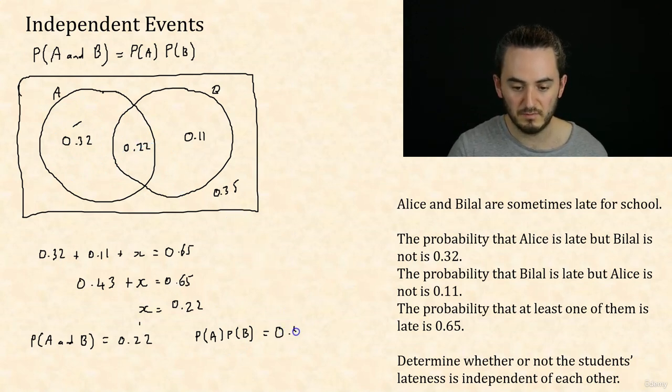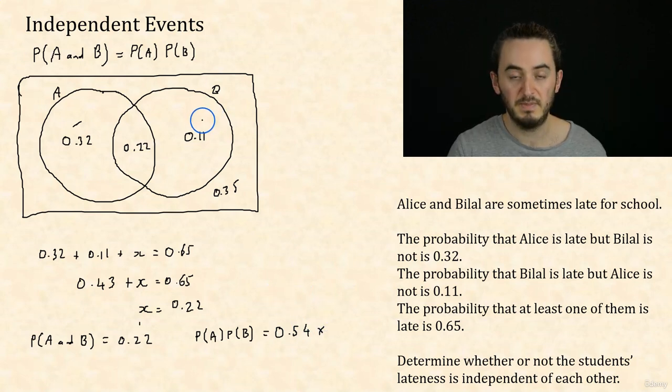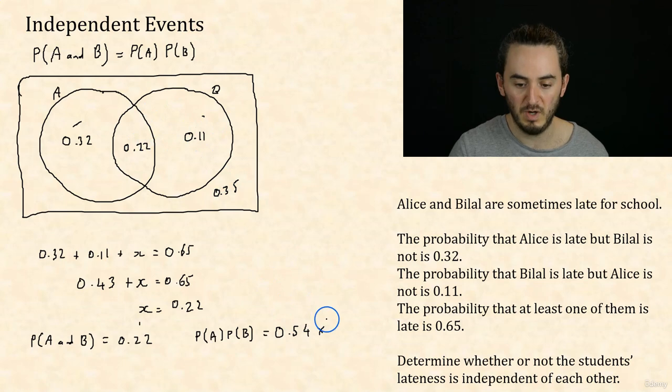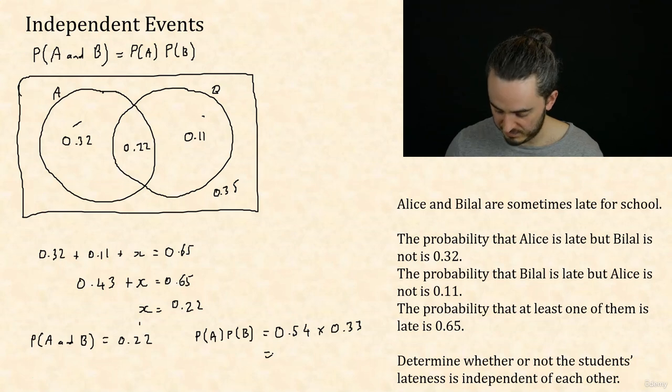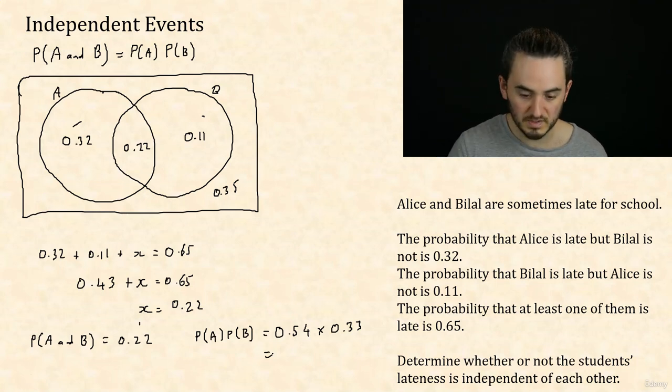So that's 0.54. And the probability of B, the probability that Bilal's late, is all of this stuff added up. So 0.22 plus 0.11. And that's 0.33. Okay, let's multiply those together and see what we get. So 0.54 times 0.33 is 0.1782.